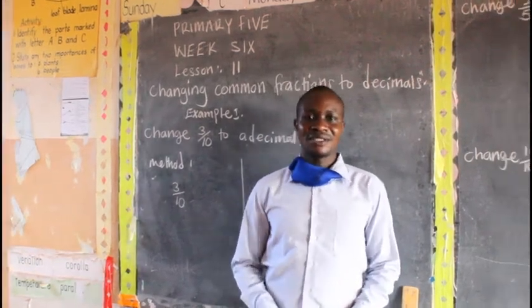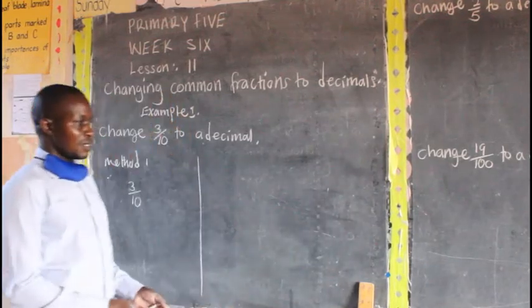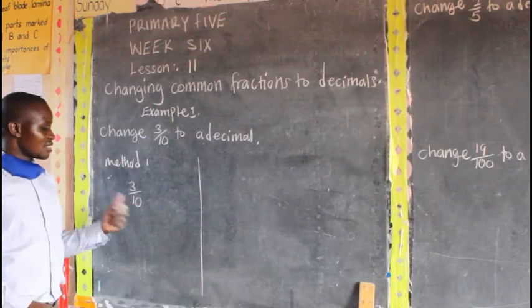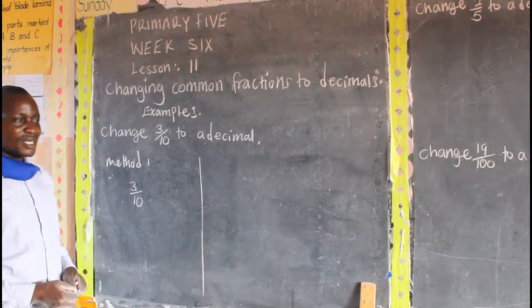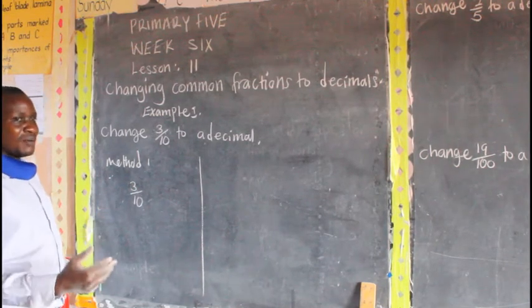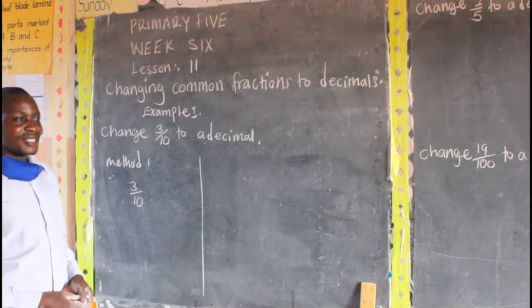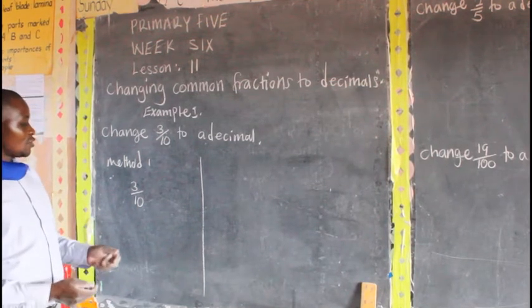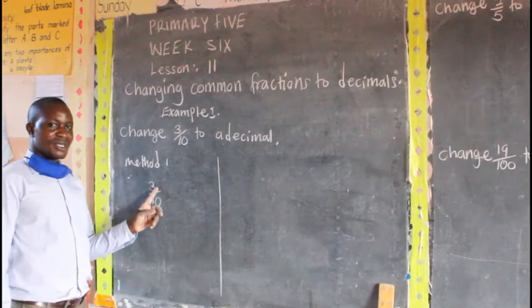of 10, we may not go for long division, but we just cross the 0 and the decimal point moves up. We say that a number without a decimal has its decimal point at the end. Therefore, we assume that the decimal point of this 3 is here.